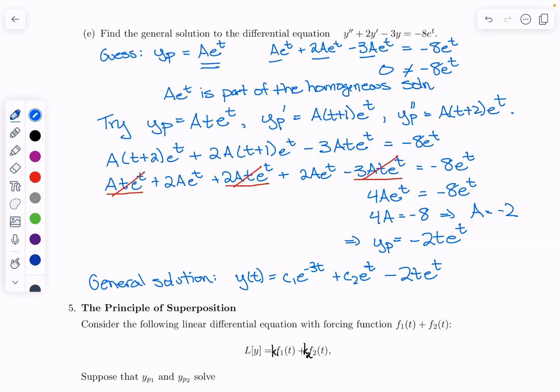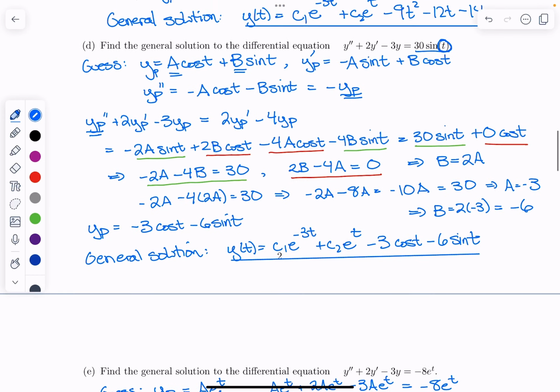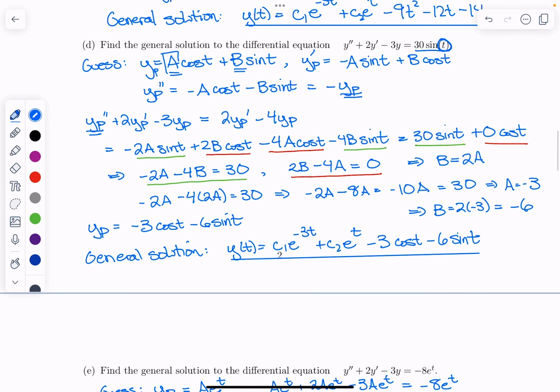And so this is the method of undetermined coefficients. In each one of these differential equations, I made a guess at the particular solution. It had a coefficient that I didn't know, say a, for example. Here, I made a guess which had 2 undetermined coefficients.